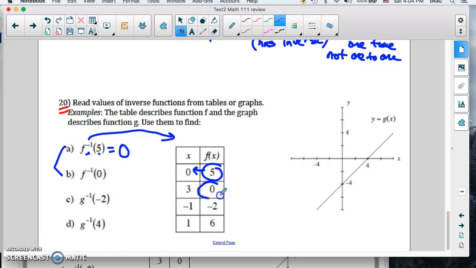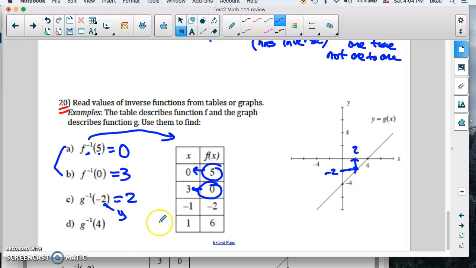The second one you read back from this is 3. Now on the graph, you're reading back from the y-axis. These are the y values. So we're taking negative 2 on the y, which is right here, and we're reading to the graph where it is. It's right there. And then we read to find the x value, which is right here, so this is 2.